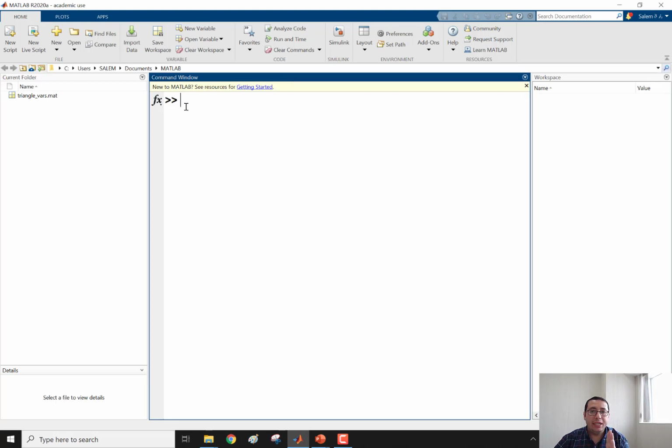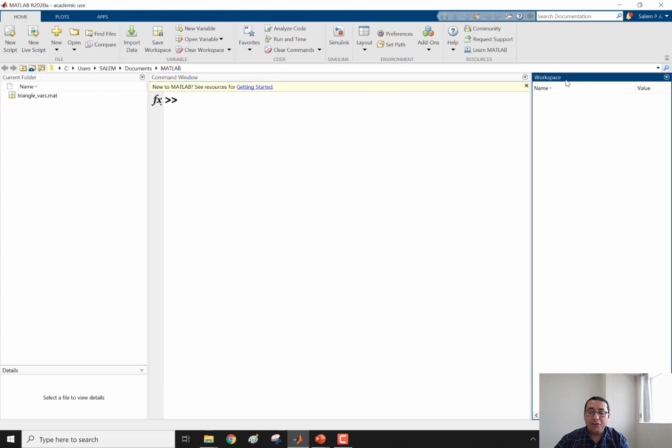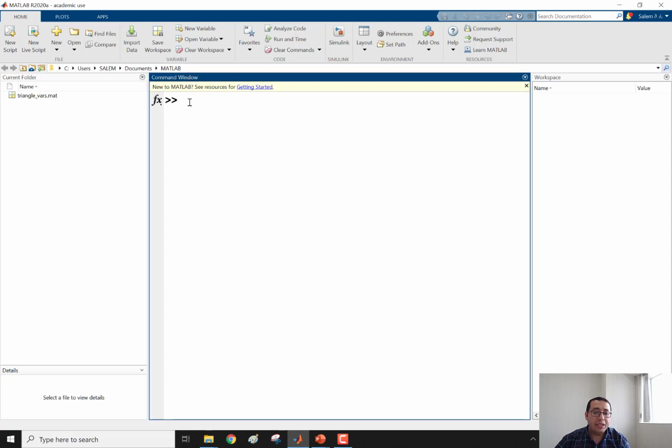As you can see, it appears and disappears. If I'm in the workspace and I need to start writing code or a command, all you need is to move your mouse near the prompt and just click. Once you click, the command window will be activated. So start writing 5 plus 3, the answer will be 8.